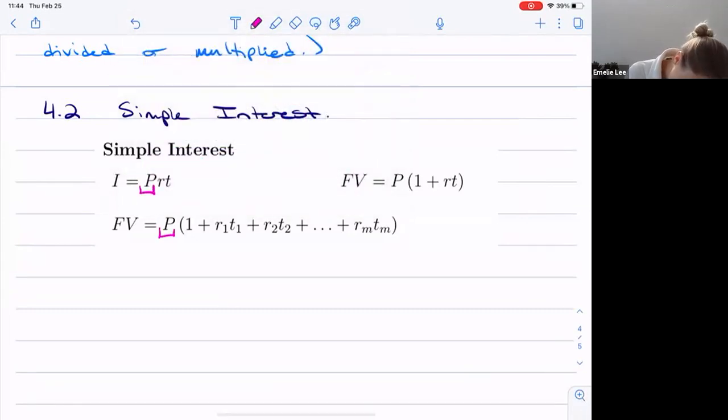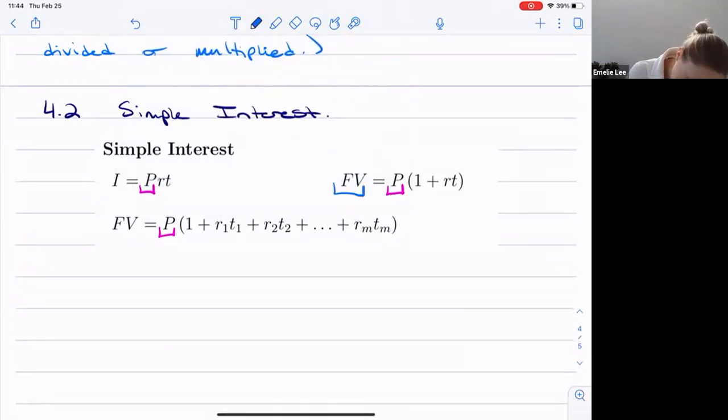P is our most popular little guy here. We said the future value, that's here and that's here, without knowing anything about these formulas. I'm just picking these things apart, seeing how many unique items are actually in here to work with.